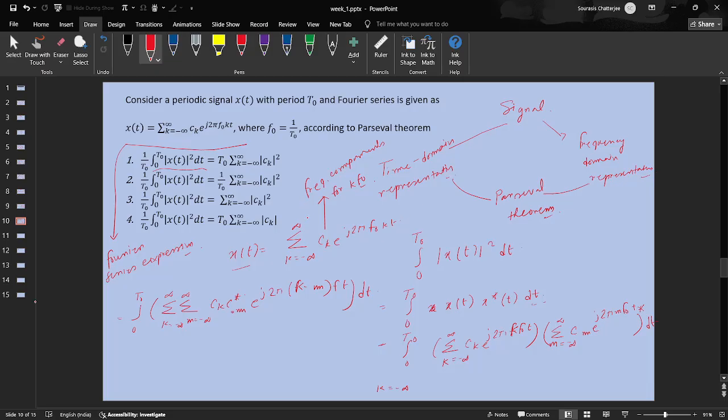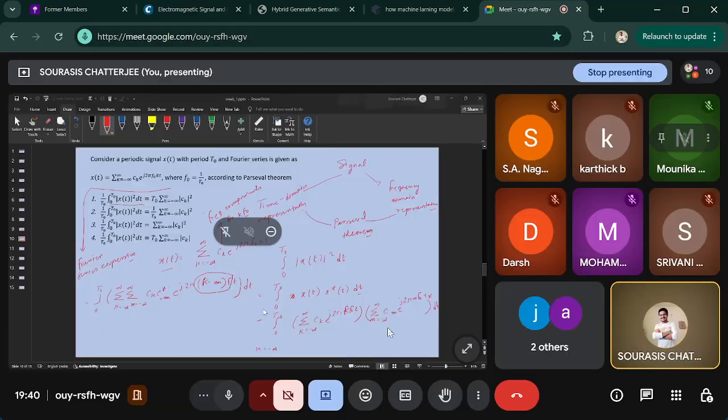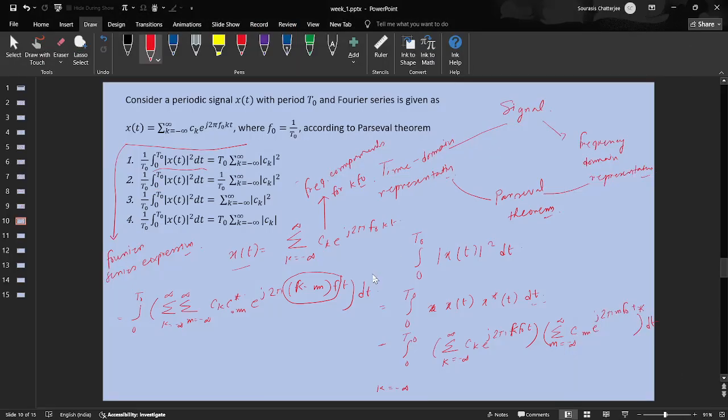Maybe you can focus on this exponential term here, which has a fundamental frequency of k minus m times f. Do you think it can simplify our case? If I have to maintain the double summation, I may not even have an expression at all.